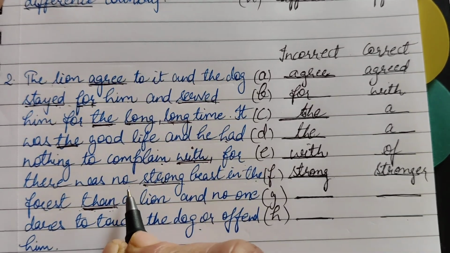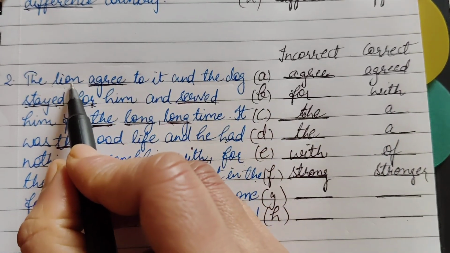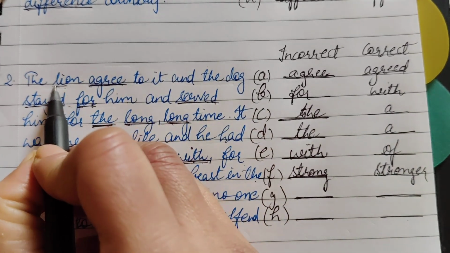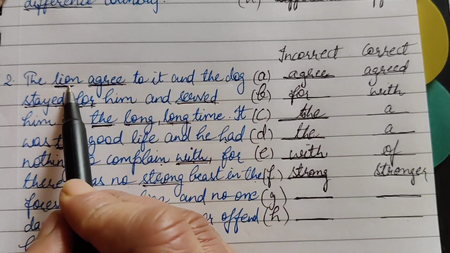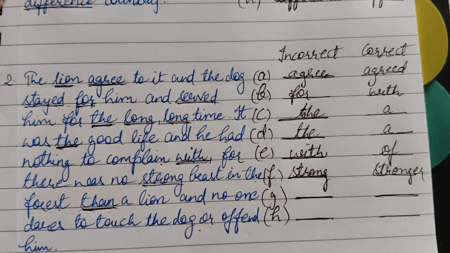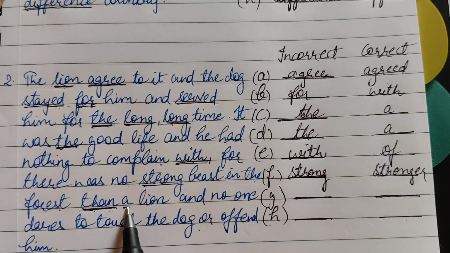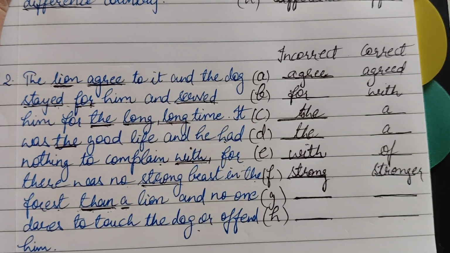Now I have talked about this lion throughout the paragraph, and in the very first line we have introduced a lion. So it's a rule in English grammar, if we have introduced the person one or two times in the story or in our conversation, then we will not be using article a, we'll be using article the for that person. Why? Because we are talking about that particular lion.